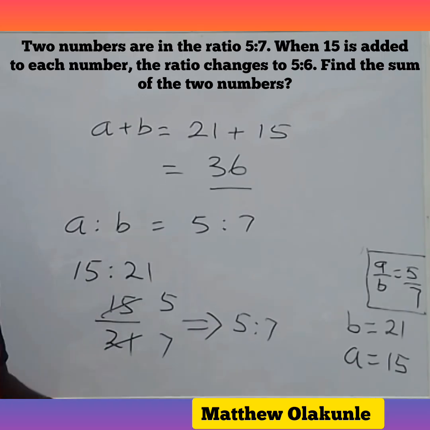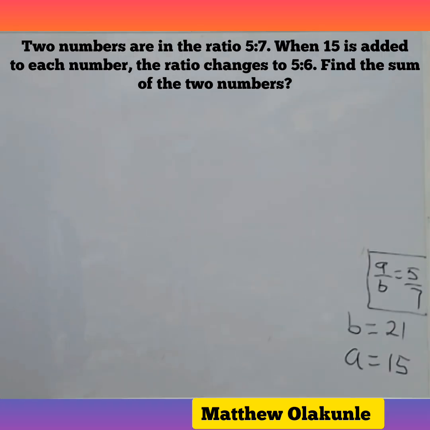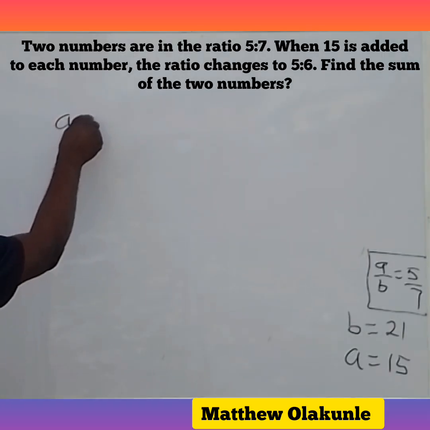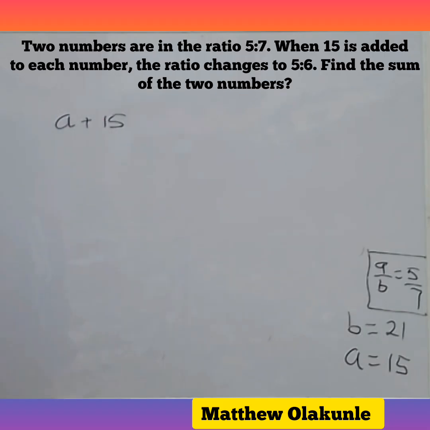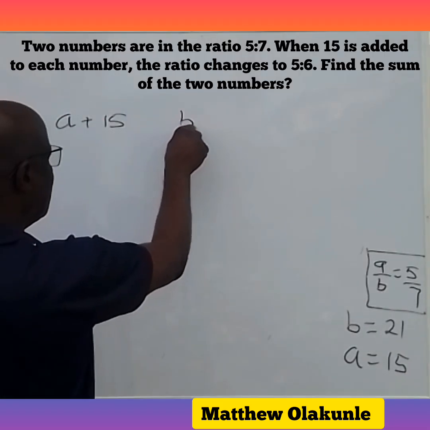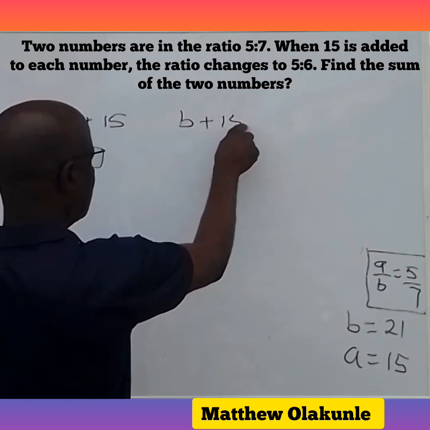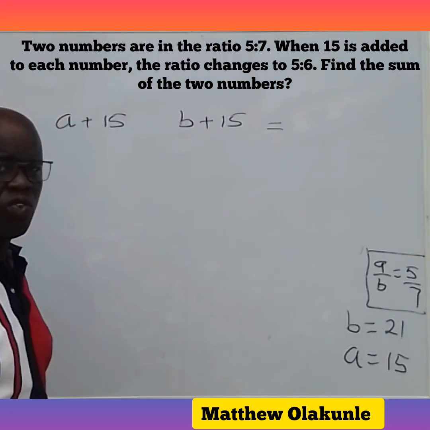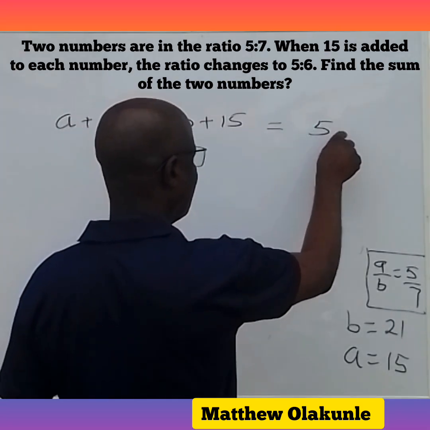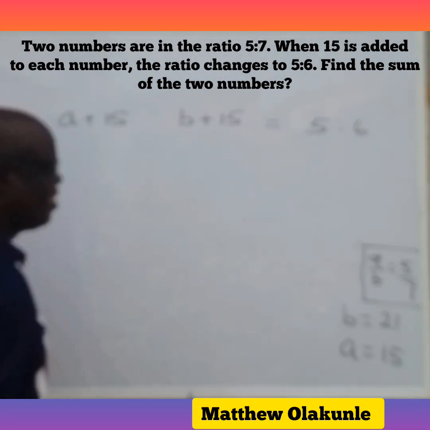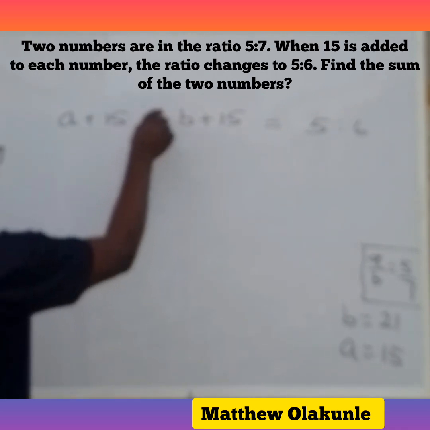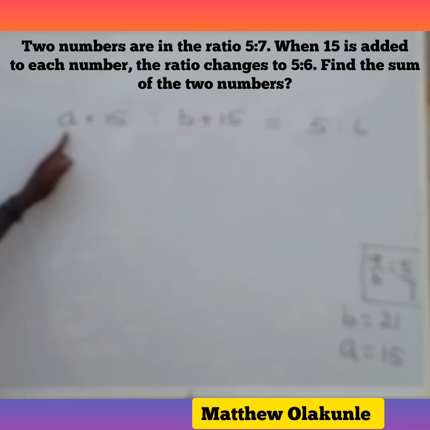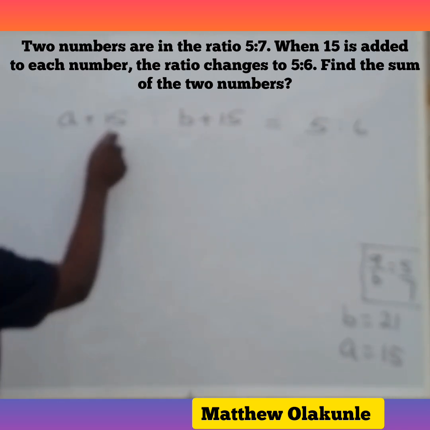Now, let's go further. The question says that when you add 15 to A and you add 15 to B, the ratio changes to 5 to 6. Is it true? Okay, let's see. A is 15. 15 plus 15 is 30.